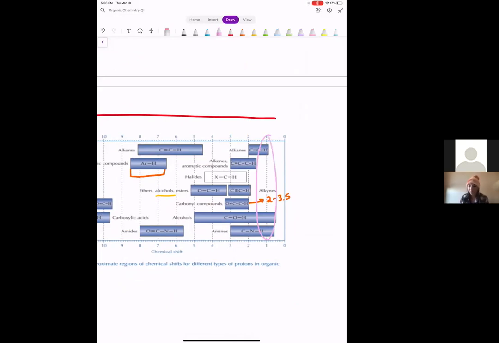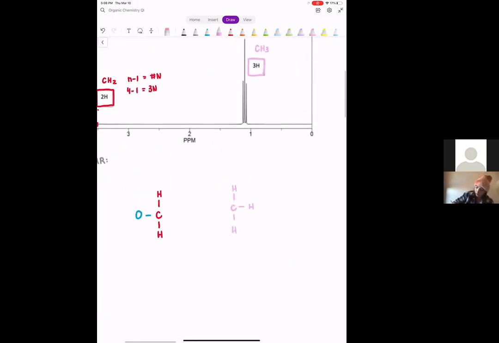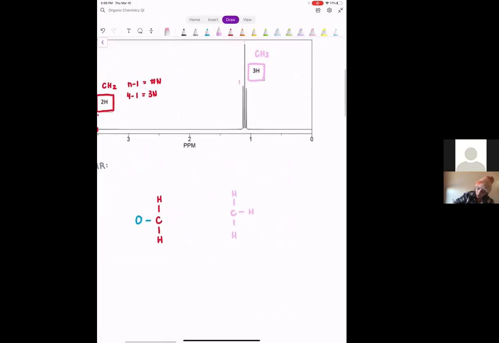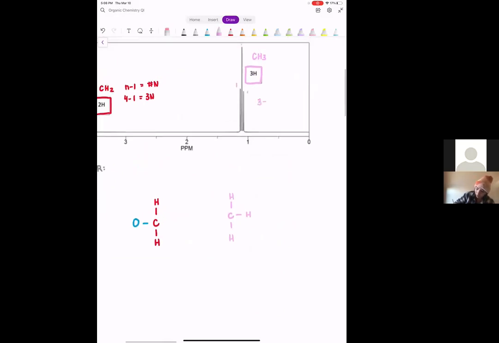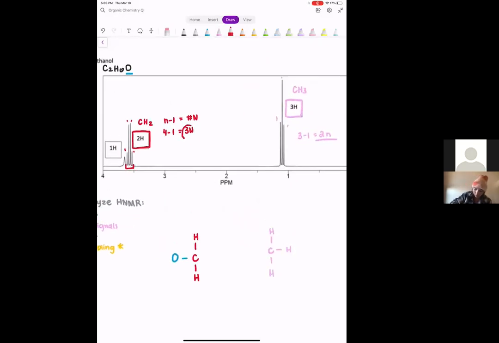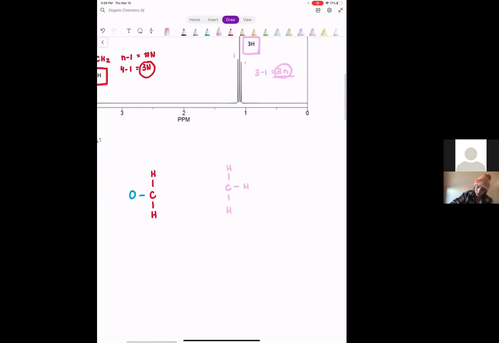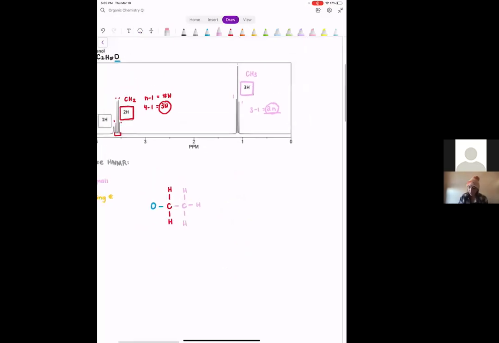There's a lot of stuff in there, and it's really hard to differentiate. So we'll just focus on the fact that it's a CH3 with 1, 2, 3 peaks. So 3 minus 1 equals 2 neighbors. That's really important because now we can say that this equivalent hydrogen group has 3 neighbors, and this one has 2 neighbors. So most likely these are going to be connected. We can just move this right over here and connect those.